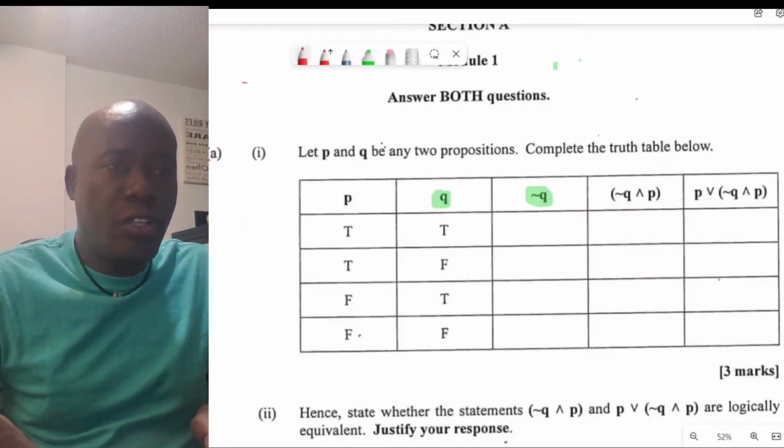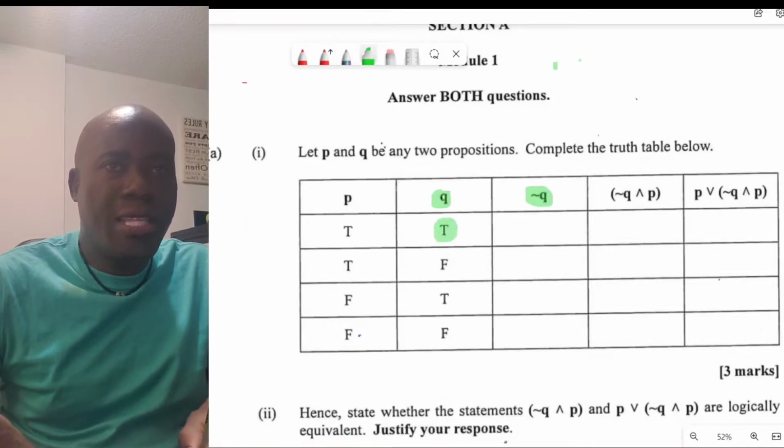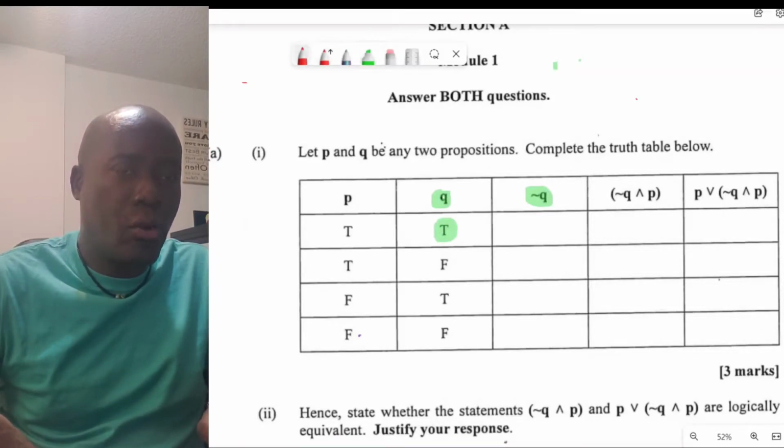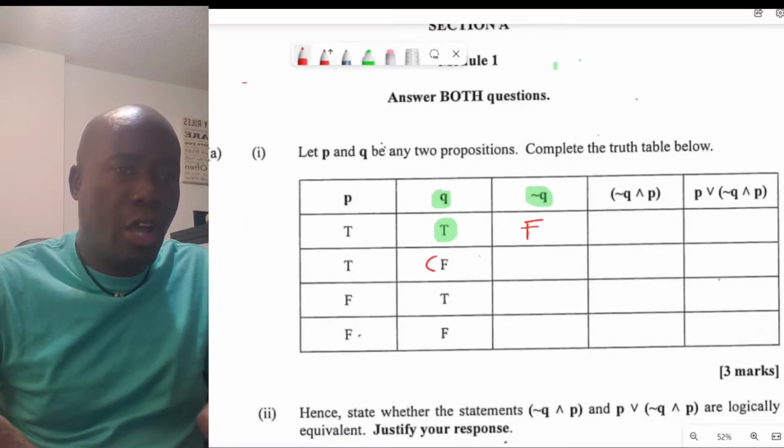The first row has Q true, which means not Q for that row is false. Very straightforward. Here, Q is false, so not Q is true. The next one, Q is true, not Q is false.